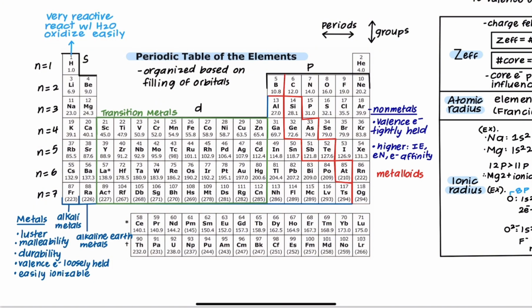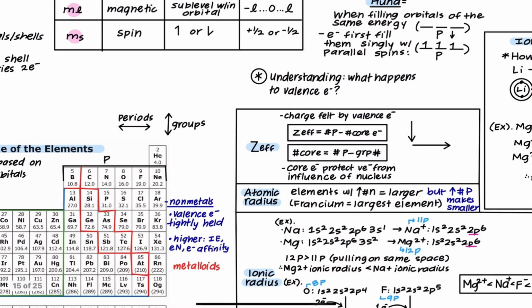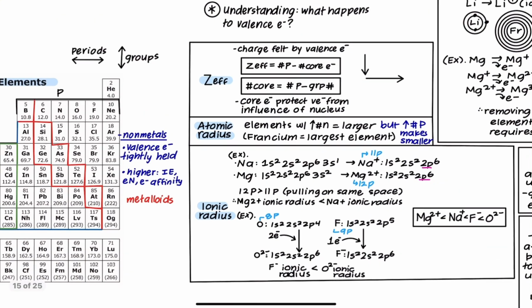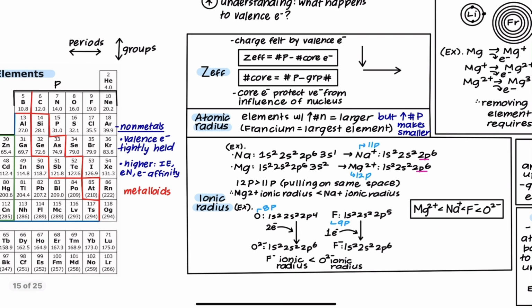These trends all tie back to the effective nuclear charge, essentially how tightly the nucleus holds onto electrons. The thing we're answering through all these trends is what happens to the valence electron. Is it loosely held? Is it tightly held? And why? Now let's talk about the last two trends, which are the effective nuclear charge and the ionic radius.